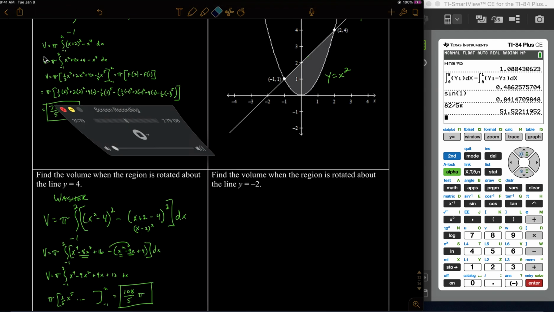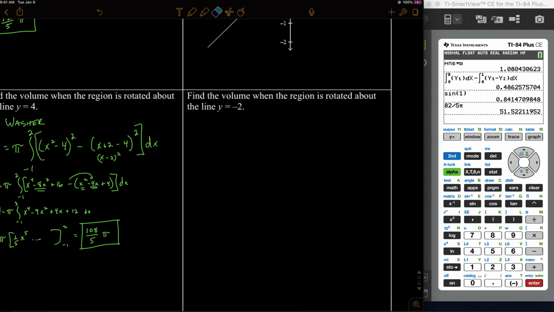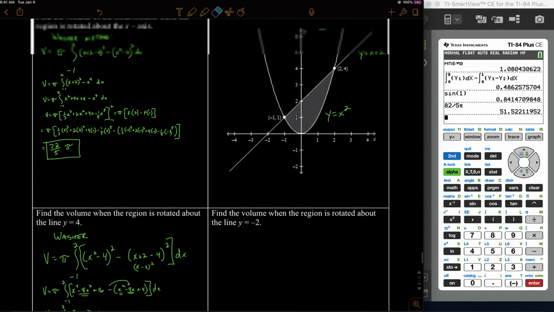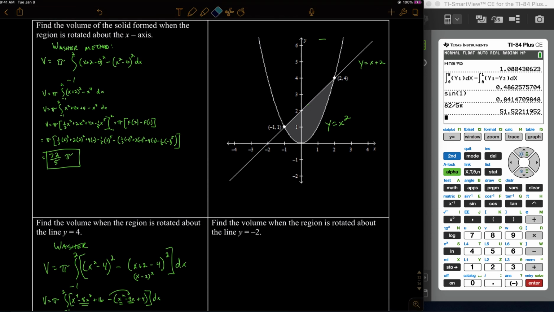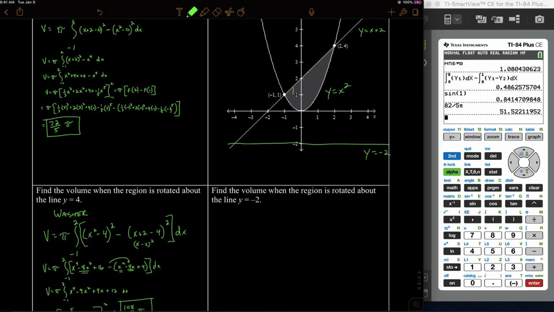All right, let's go. Get everything set up. Find the volume when the region is rotated about the line y equals -2. So now, if our line is down here, y equals -2, I take a slice and I picture rotating that about the line y equals -2, and I'm going to get a washer because there's a big hole in the middle.